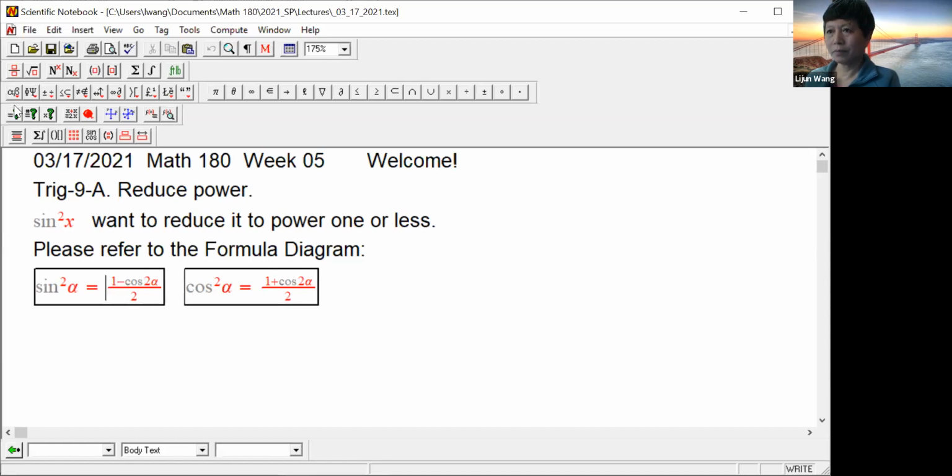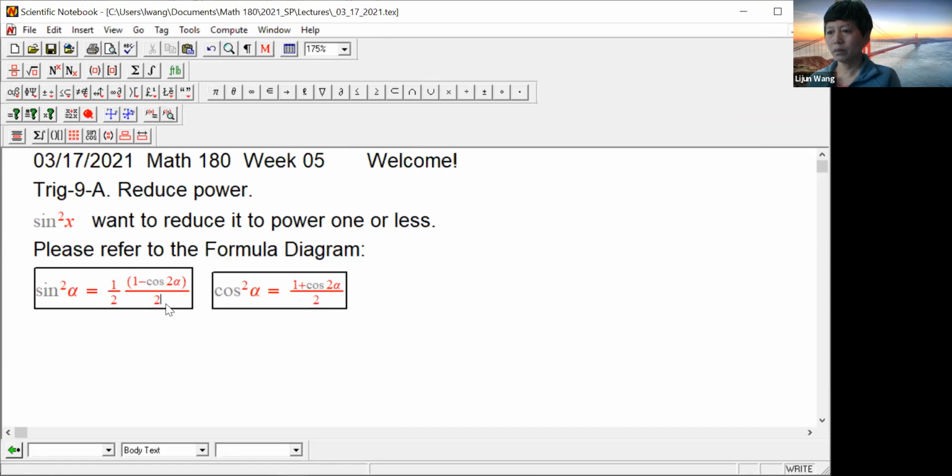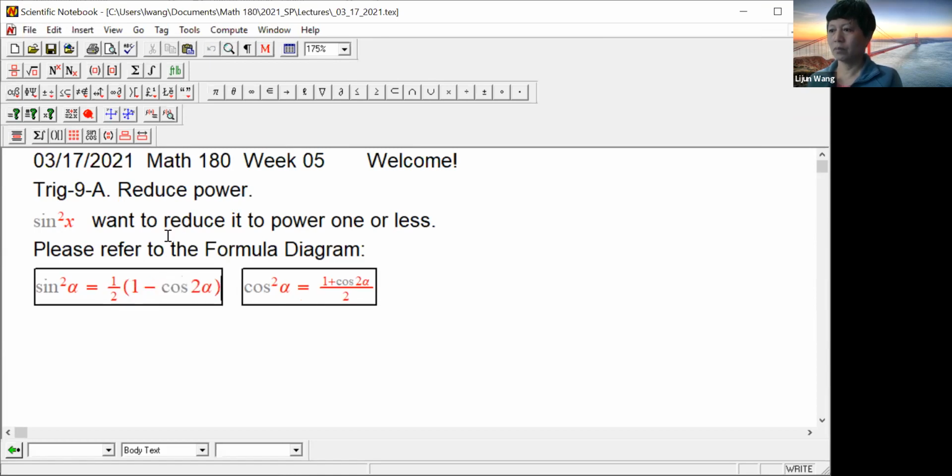Another form of writing this is this. You may find this form more convenient. Write it in this form, and the other one, write in this form. Same form, same stuff.